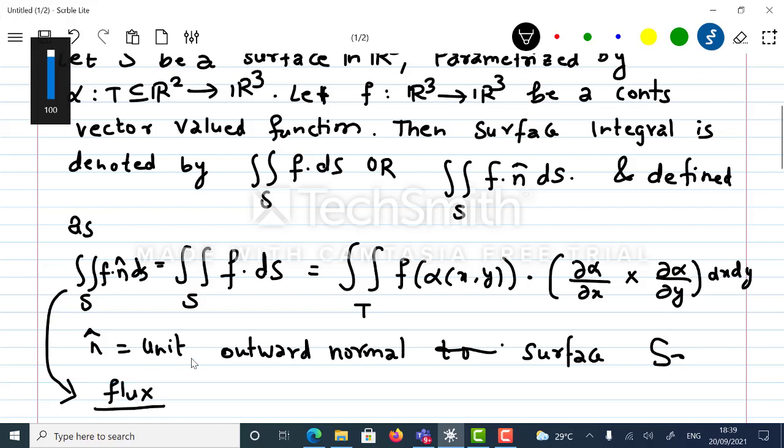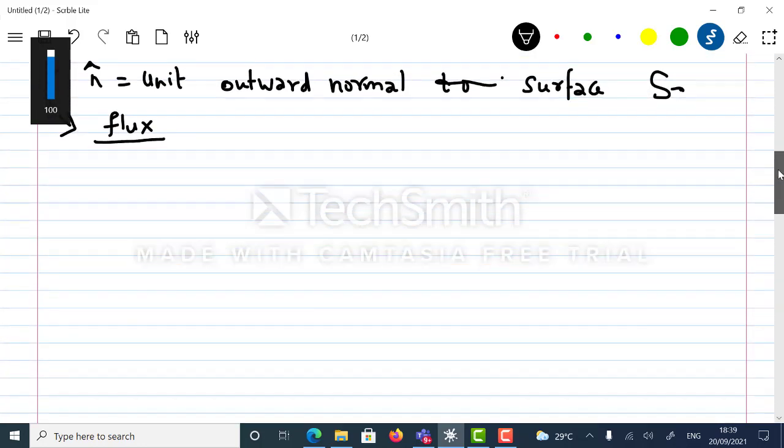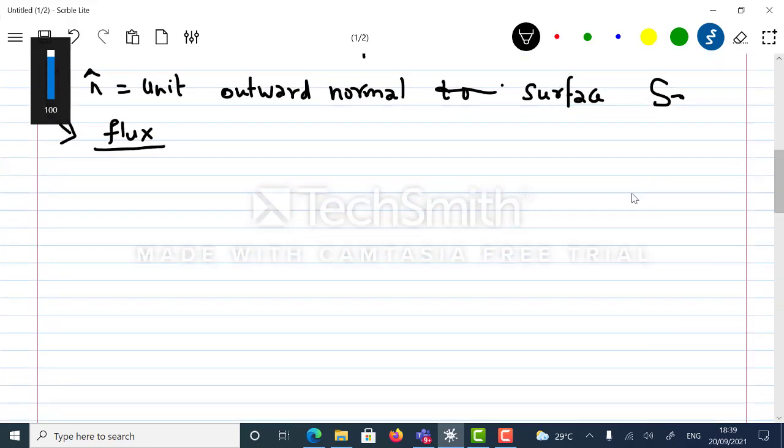So if you want to find the flux of any field, then basically you have to find the surface integral. Well, let us take some example to understand and use this definition. We will have an example based on it.